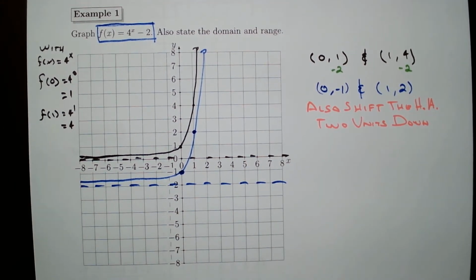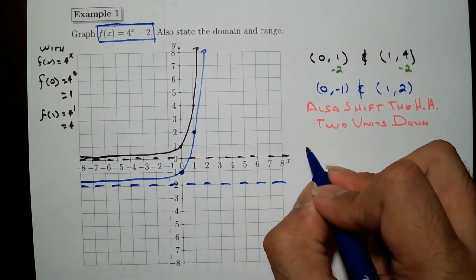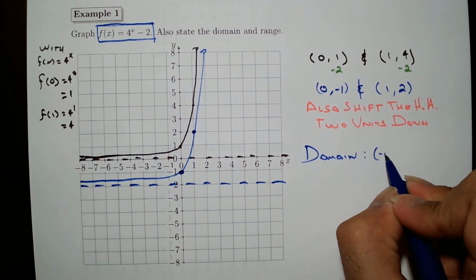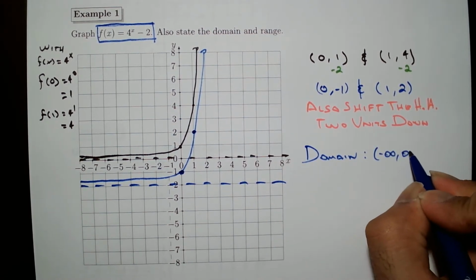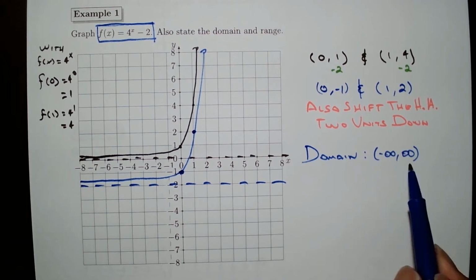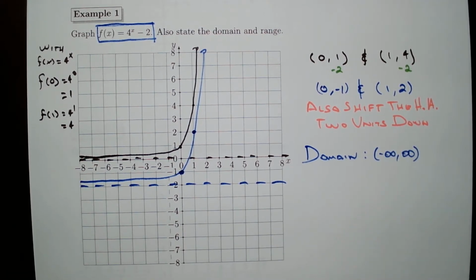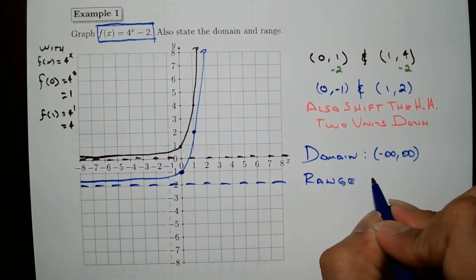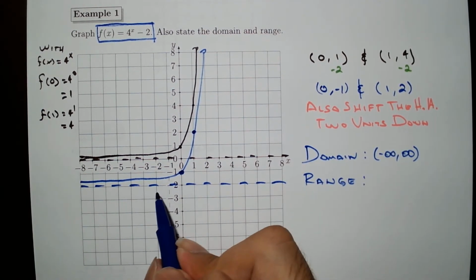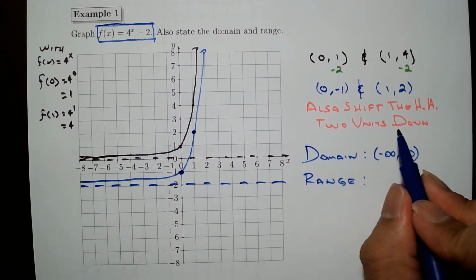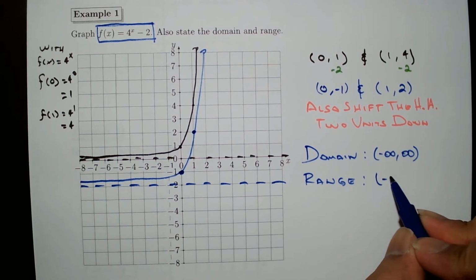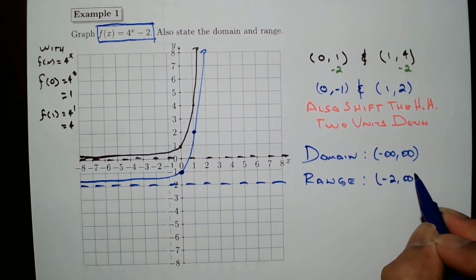So the domain is going to be the same. It's negative infinity, positive infinity. Regardless of the shifting, the domain never changes for the exponential function. However, the range changes to, in this case, the lowest point is not going to be 0. It's going to be negative 2 to infinity.